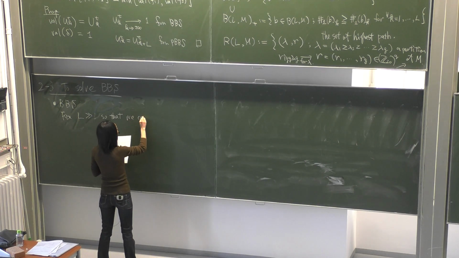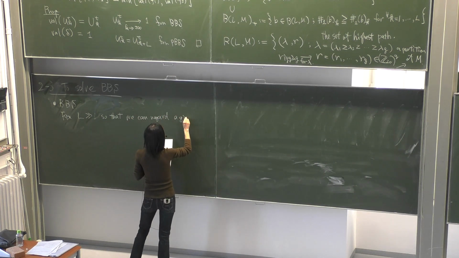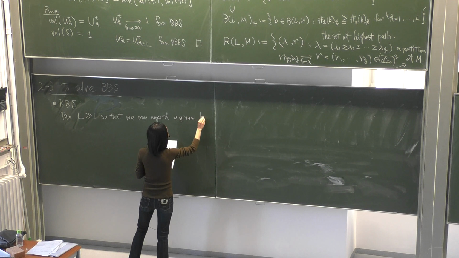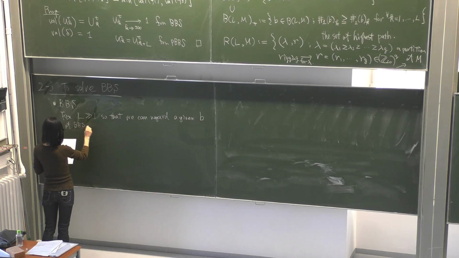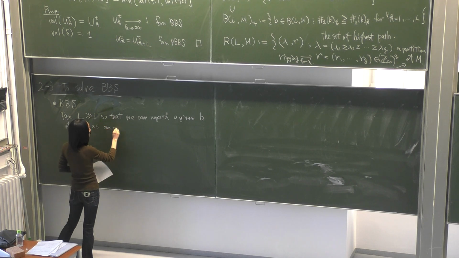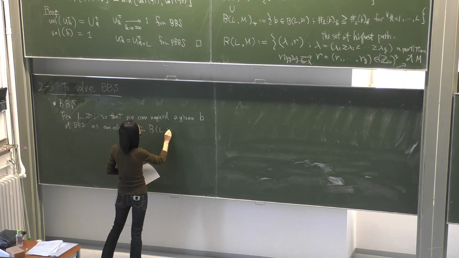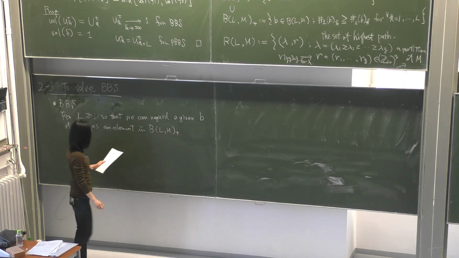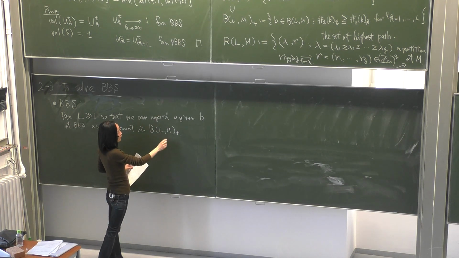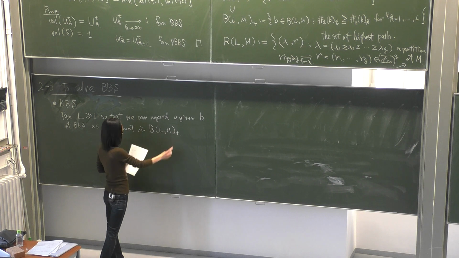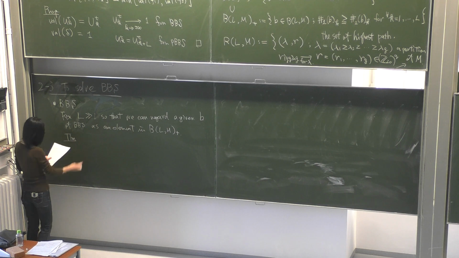Regard a given state, given B of infinite BBS, as an element in B_{L,M}^+. Then we also have to assume that L is equal to or bigger than 2M. And then the theorem is as follows.